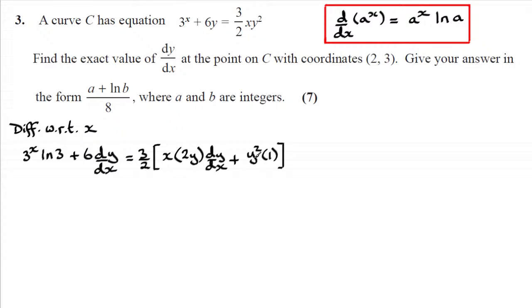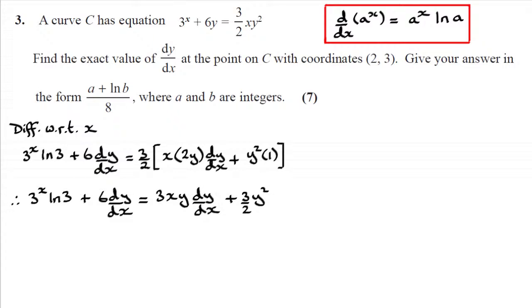So that is basically it. When you differentiate it, you might have cleaned it up further, and if you expand it out, you're going to get that. So by now, you should be on your way to trying to substitute these values in to get your answer for dy by dx in this form.